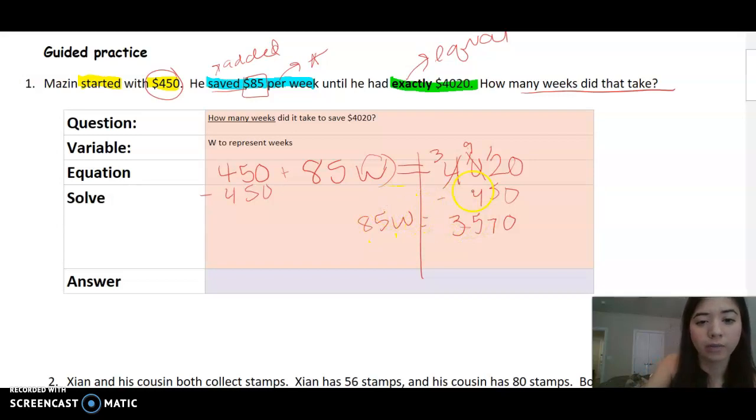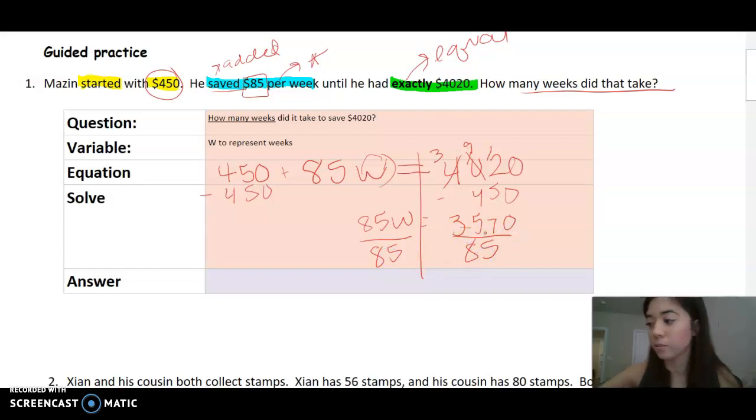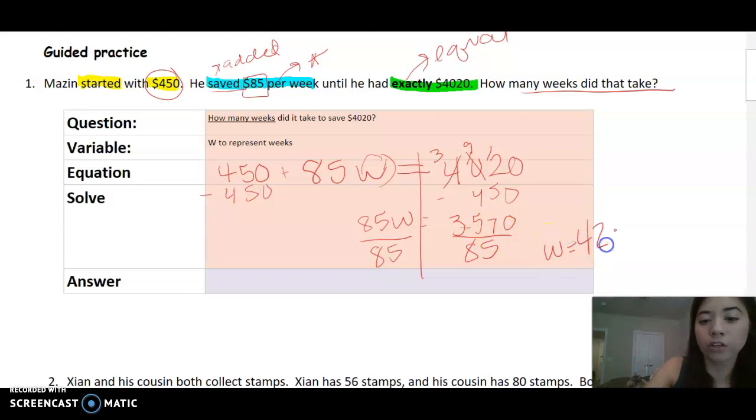All right. Now we can divide by 85. I'm not going to take the time to do this, so I'm going to use my calculator. And we get W equals 42.